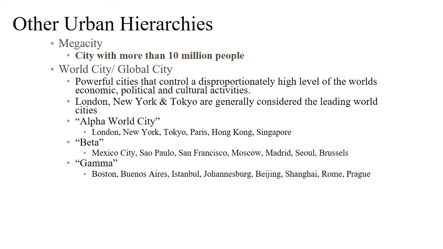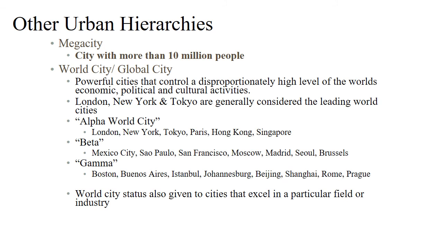Sometimes geographers define a city as a world city because it exerts a particularly strong influence in a certain region or area, like Dubai in the Middle East or Singapore in Southeast Asia, Sydney in the South Pacific. But also sometimes geographers give world city status to cities that excel in particular fields or industries.